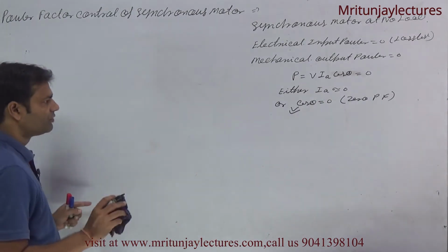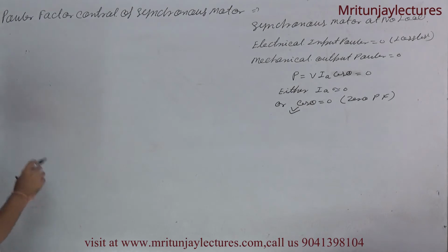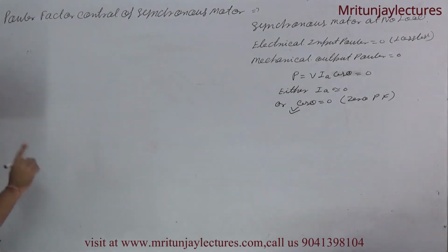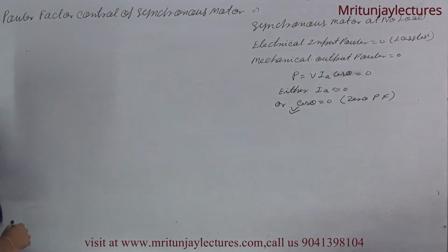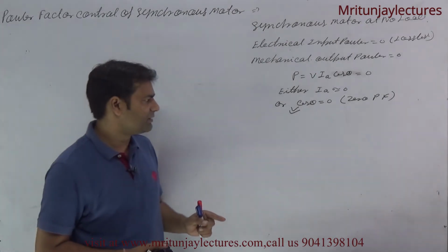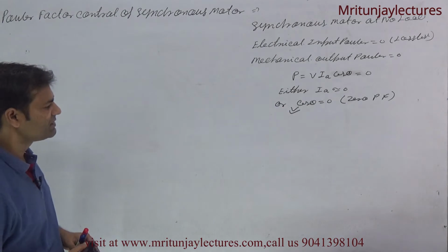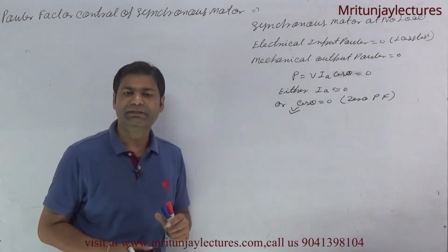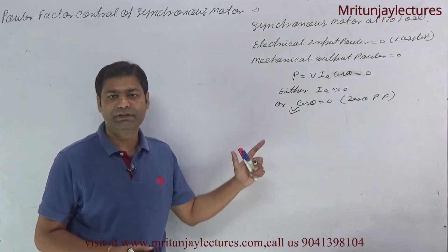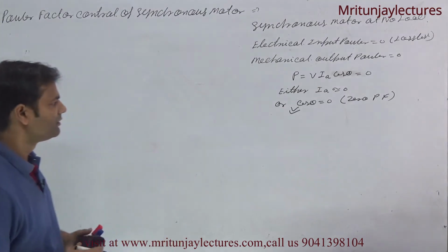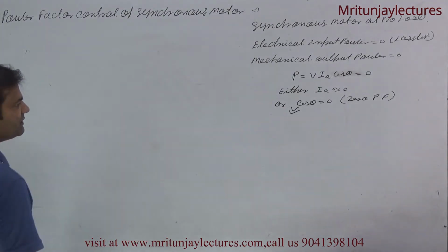First, we have discussed under excitation synchronous motor at no load, and second, over excitation synchronous motor at no load, step by step. After that we focus on practical application, first theoretically and after that practical.